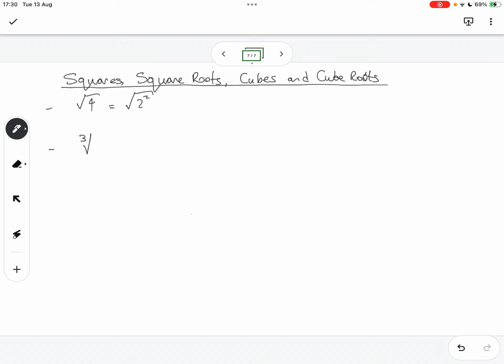They're also saying that if you have the cube root of 8, it's the same as the cube root of 2 cubed. And that will give us 2 cubed to the power 1 over 3. Or here we'll have 2 squared to the power half.